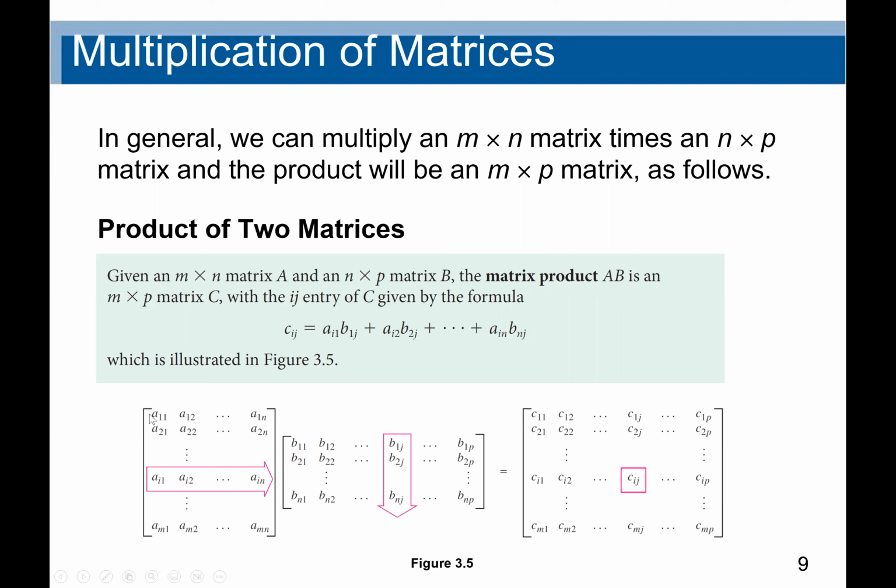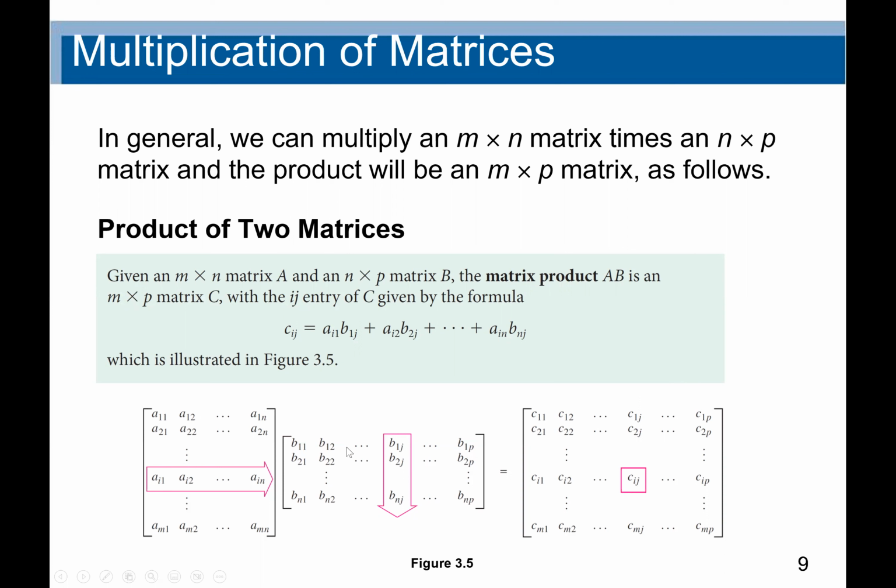So we take the first row, multiply by the first column. Then we can also take the first row multiplied by the second column, first row multiplied by the third column, first row multiplied by the fourth column. So the answer for the first row multiplied by the first column will be in the first row, first column position, which will be the resulting C11.